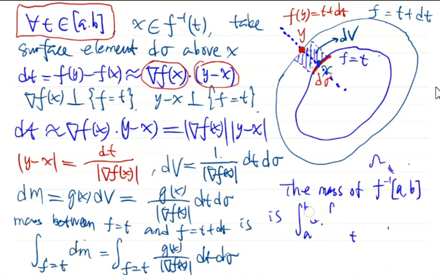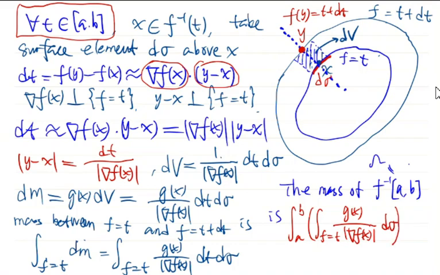Firstly, given a t, we take the surface integral over the surface f equal to t. Of course, this surface integral depends on t. Therefore, the result is a function of t. Now we integrate with respect to the variable t. We obtain the total mass.